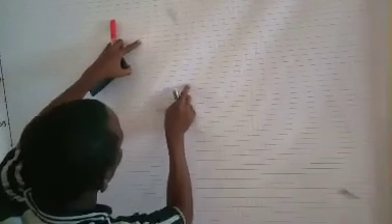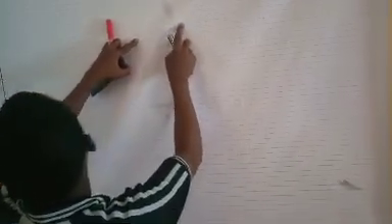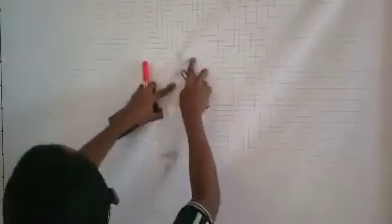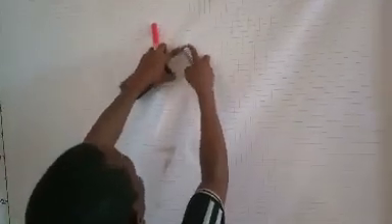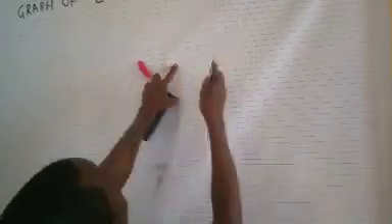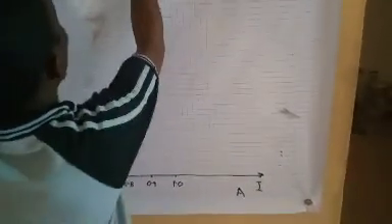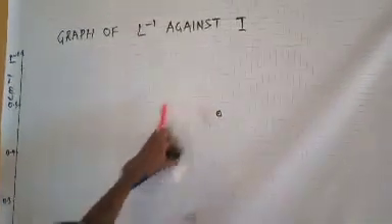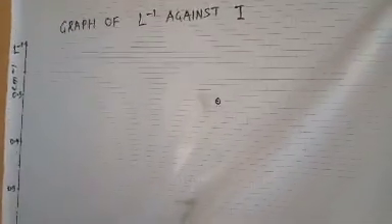You can trace it with your ruler so that you don't get confused. Look at it. This is 0.85 with 0.5.